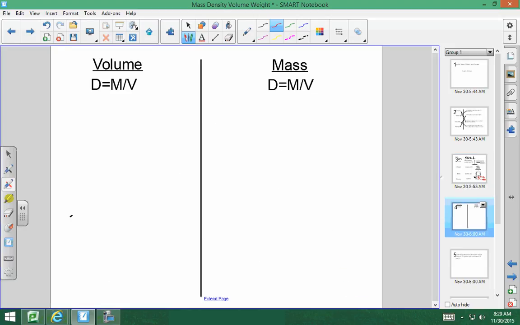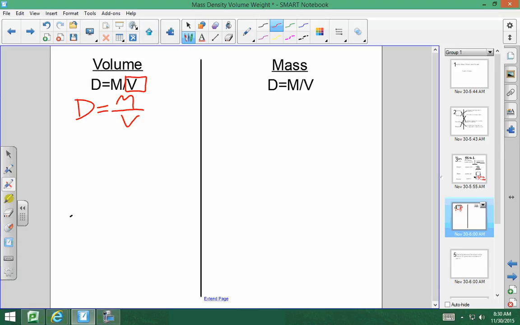Let's find out. So here on the left side we have the equation density equals mass divided by volume, although we want to calculate the volume. So let us rearrange these variables in order to get this V on one side of the equation by itself.